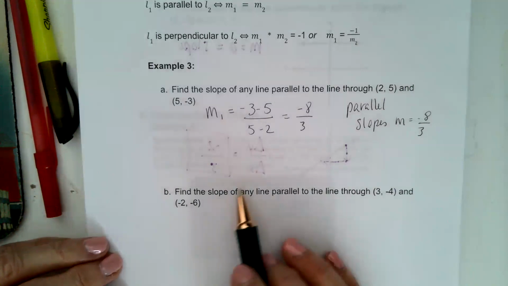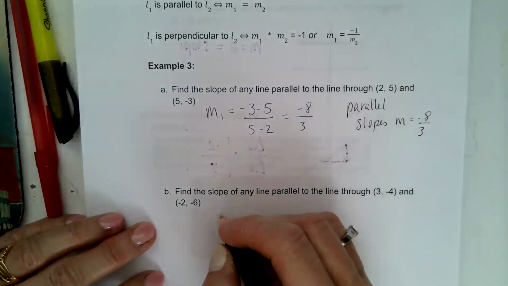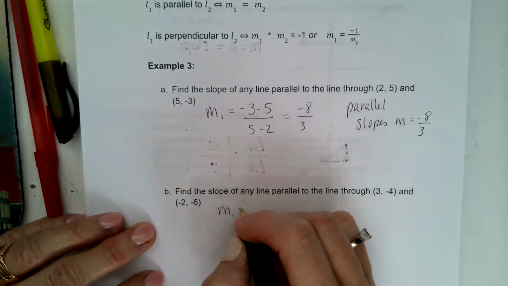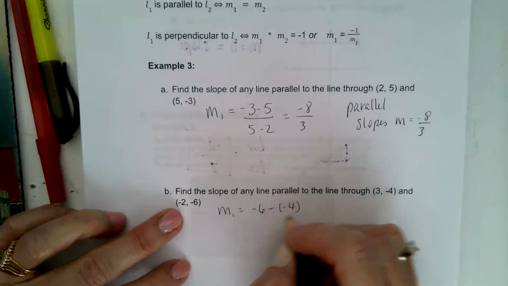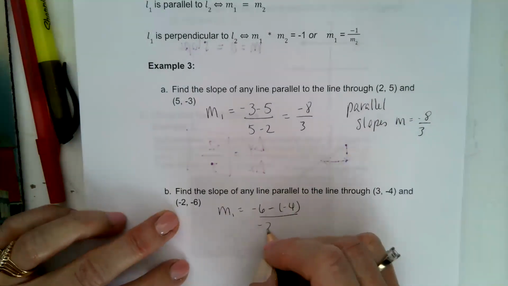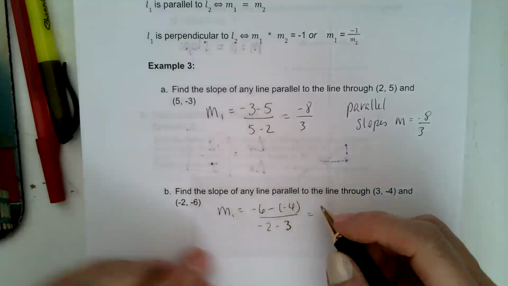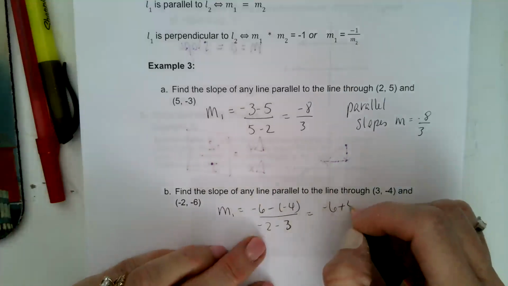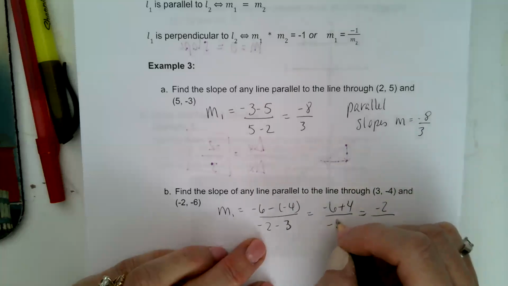Now B says, find the slope of any line parallel to the line that goes through these two. So, -6 subtracting -4 over -2 subtracting 3. So -6 plus 4 is -2 over -5.